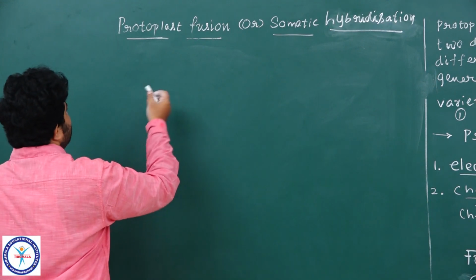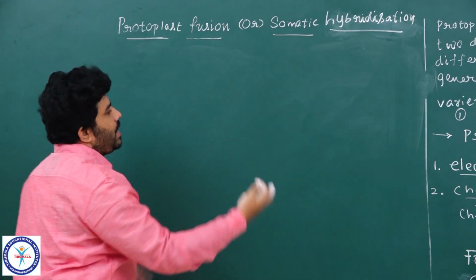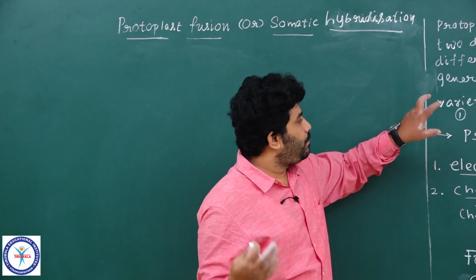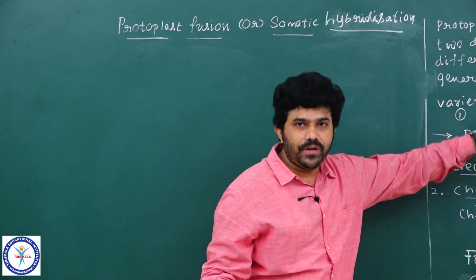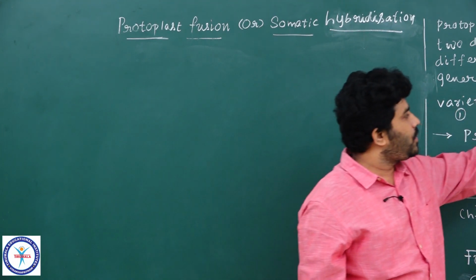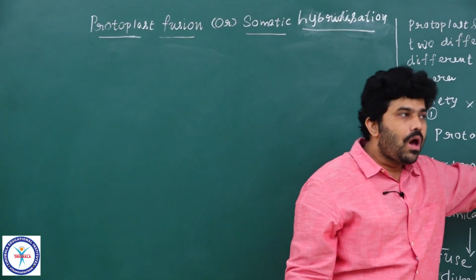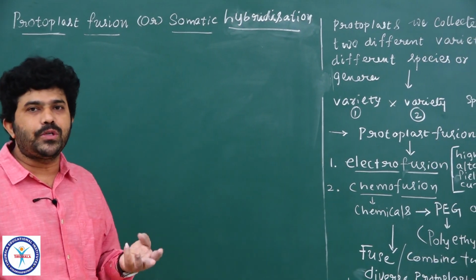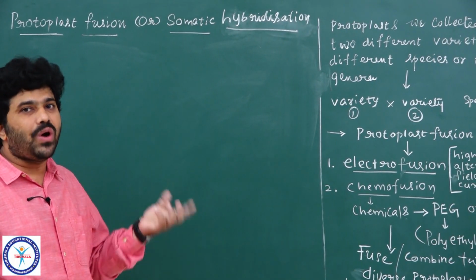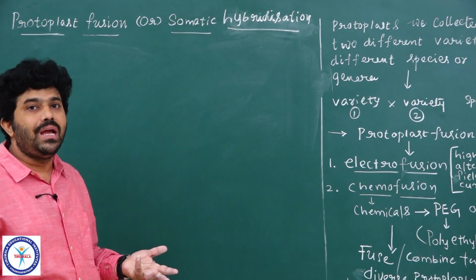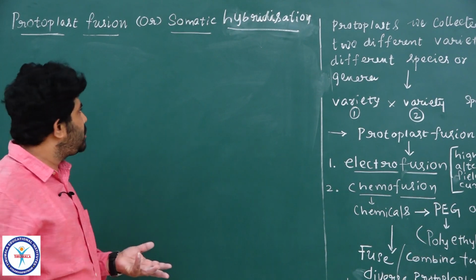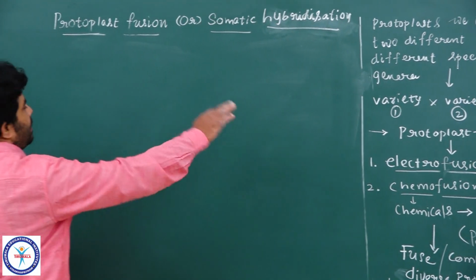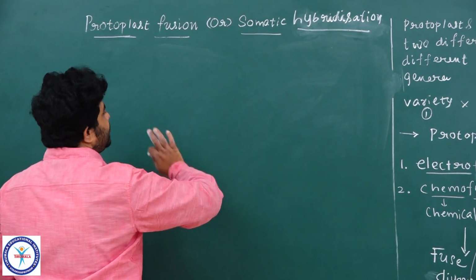Understood students? See here, for example, we are going to take plant cells from two different varieties, or plant cells from two different species, or plant cells from two different genera. These three are the options of plant cells we can take to produce desirable hybrids. By this diagrammatic representation it is easy to understand.